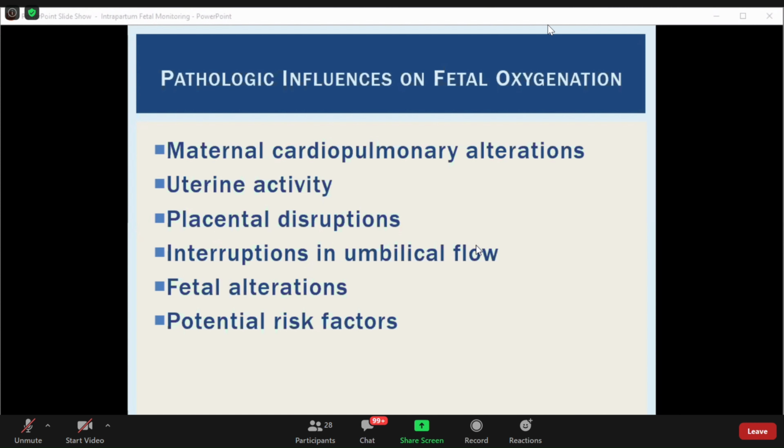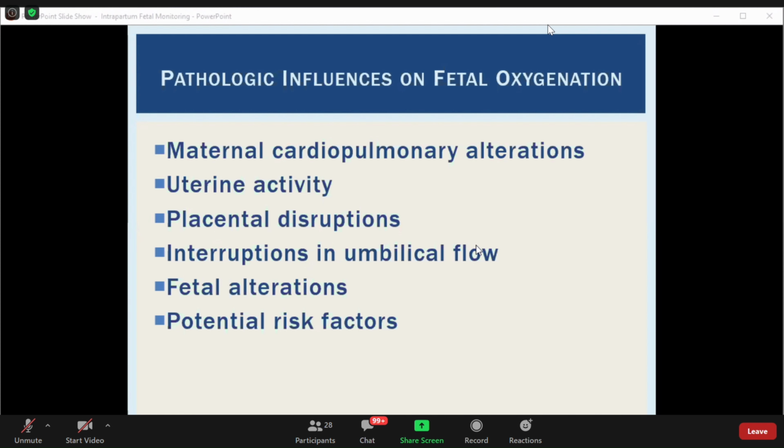Fetal alterations, if the fetus has an alteration in the central nervous system, a congenital defect in the central nervous system that impacts the fetal heart, that is going to impact oxygenation. So you have to remember also that there can be defects in the fetus that impact oxygenation to the fetus.